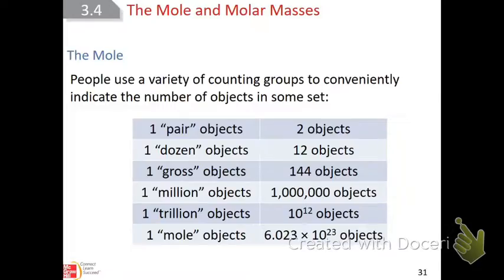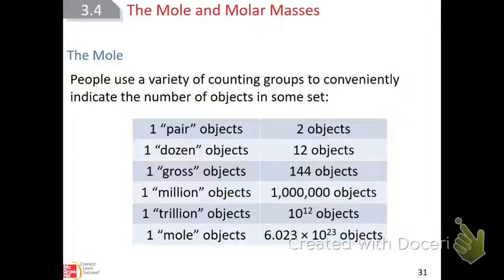I want you to know what a mole is. If I asked my husband to go to the store and get a dozen eggs or a dozen donuts, he would go and get me 12. We know that. If you knew anything about fireworks and you went and got a gross of bottle rockets, you would get 12 dozen, which is 144.